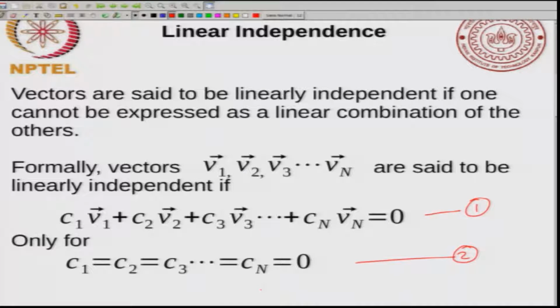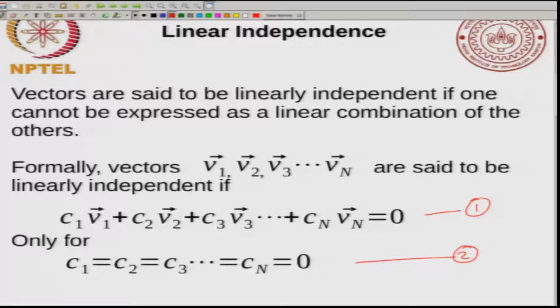Again, the formal way of stating it is that c1 v1 plus c2 v2 plus c3 v3 up to cn vn equal to 0 necessarily implies c1 equal to c2 equal to c3 up to cn equal to 0 if the vectors are linearly independent. If they are linearly dependent, you can have another set of c's where not all of them are 0, which still satisfy the first equation.